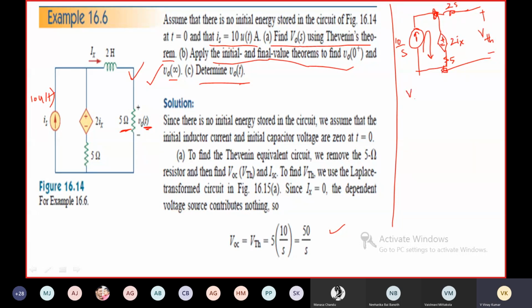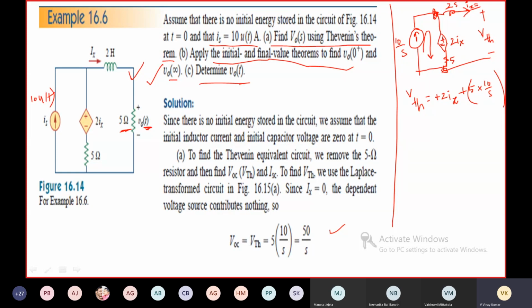So VTH is equal to 2Ix plus 5 into 10 by s. Now the current flowing in this branch is Ix.